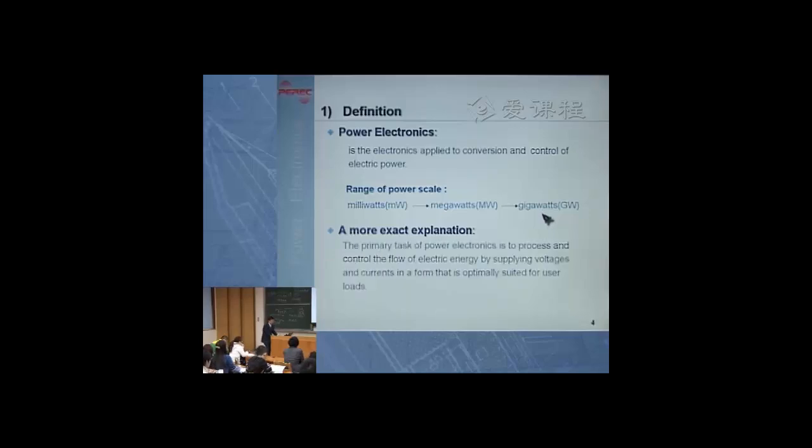A more exact explanation is that the primary task of power electronics is to process and control the flow of electric energy by supplying voltages and currents in a form that is optimally suited for the user. The objective of power converters is supplying the user with suitable voltage and suitable current. That's the basic function.